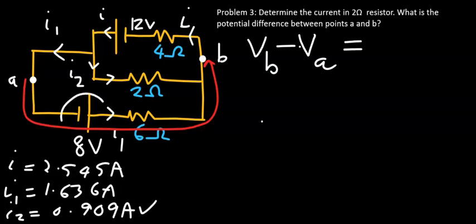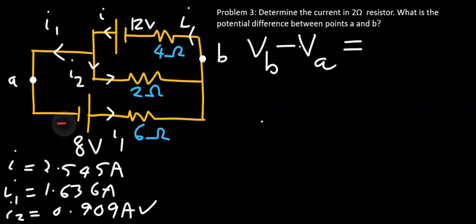So you have 2 contributions, one is the battery and the other one is the 6 ohm resistor. Now note that as you go from A to B, you are going through the battery from the negative to the positive terminal. So that's going to contribute a plus 8 term.